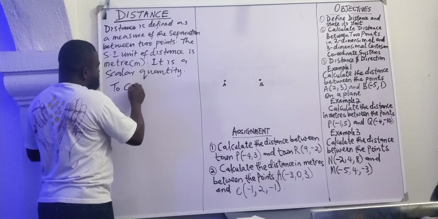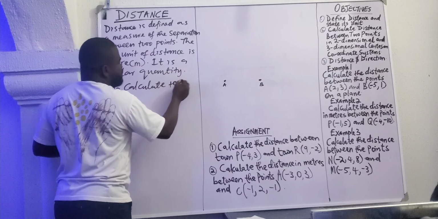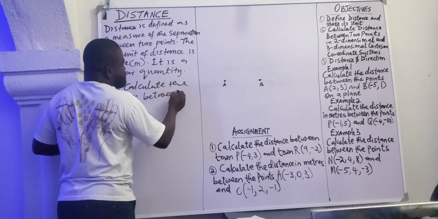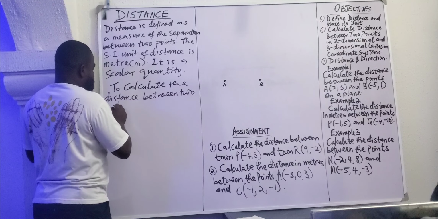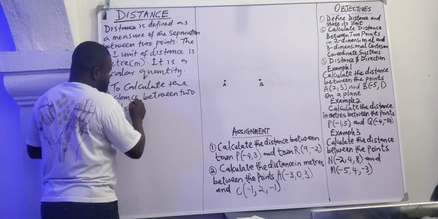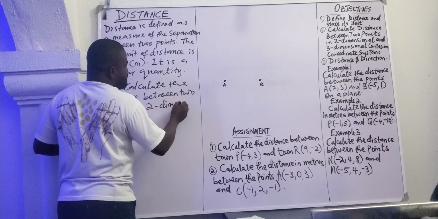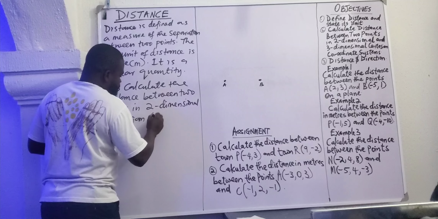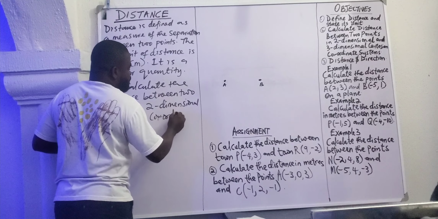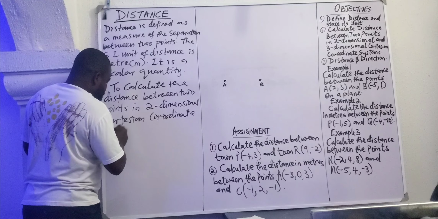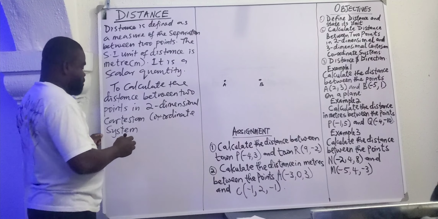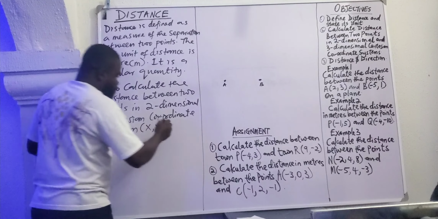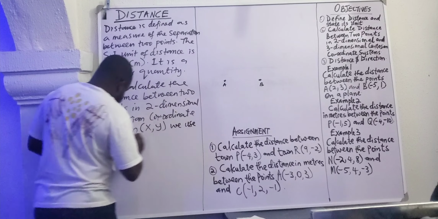To calculate the distance between 2 points in 2-dimensional Cartesian coordinate system, we are dealing with the x, y coordinate system. We use the formula.